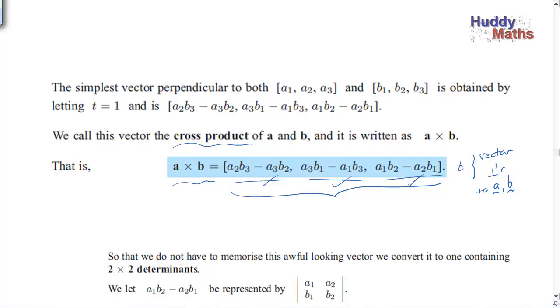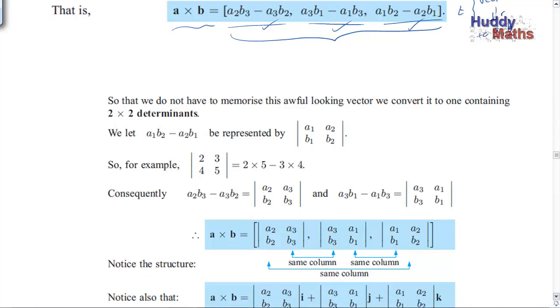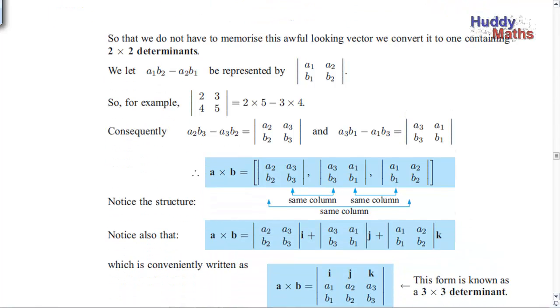So matrices to the rescue. I don't know whether you know much about matrices, but the patterns that we're seeing here can be linked to the determinant of a 2 by 2. Now, a determinant determines whether a matrix is singular or not. That is, whether it's got no inverse or has an inverse. Okay, so that's where the word determinant comes from.